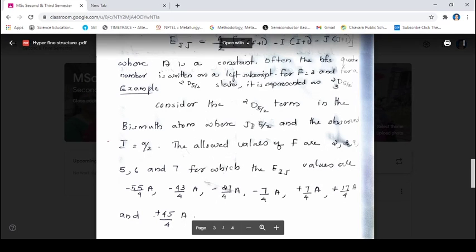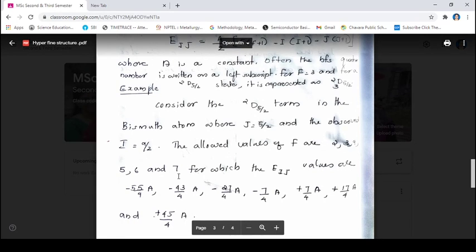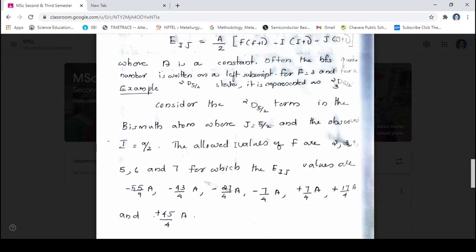The minimum value is 9/2 minus 5/2, that is 4/2, which is 2. So the allowed values of F are between 2 and 7: 2, 3, 4, 5, 6 and 7. That means 6 values are possible, 2 into 5/2 plus 1, the 2s cancel, giving 6 values.